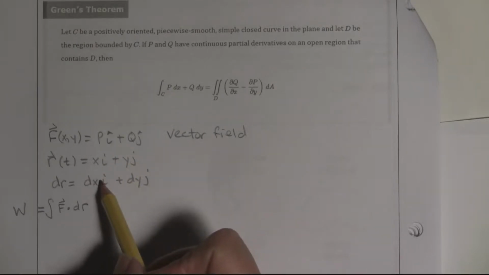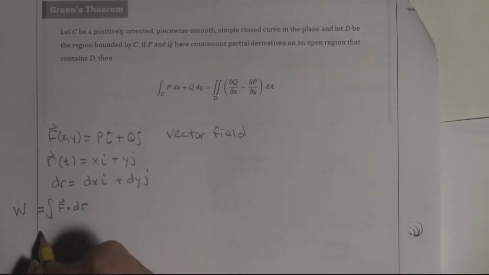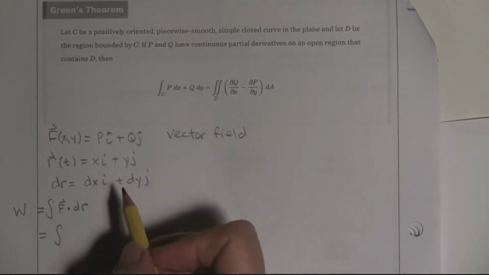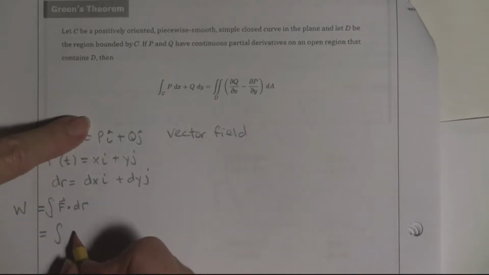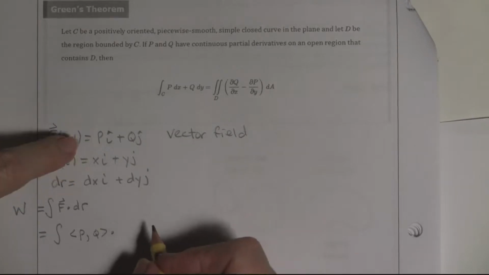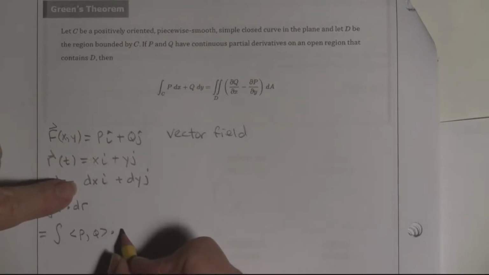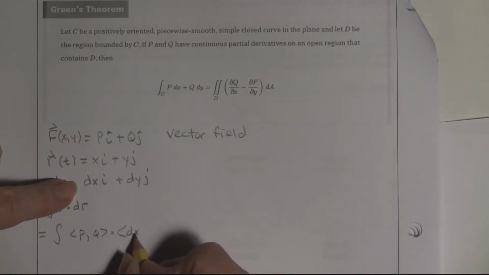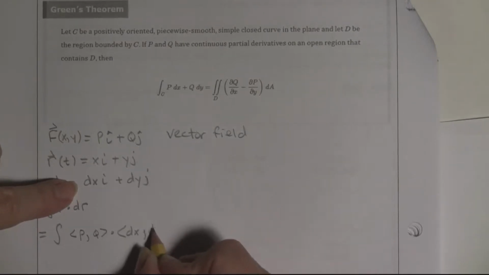If I put those two things together, here is my F, which is P, Q, dotted with dr here, which is dx, dy.